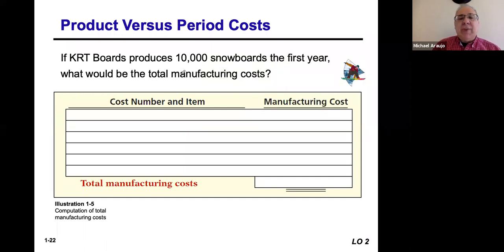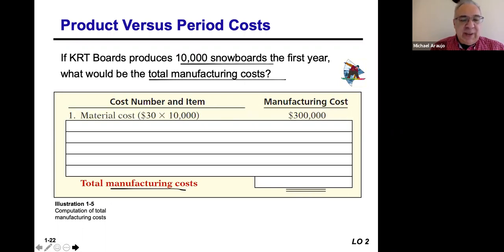All right. So with that information, let's take it one step further. What would be the total cost of manufacturing 10,000 of those snowboards in your first year? Well, we have to go back and list what those costs are specific to manufacturing. The manufacturing costs are going to be the direct materials, the direct labor, and the manufacturing overhead.